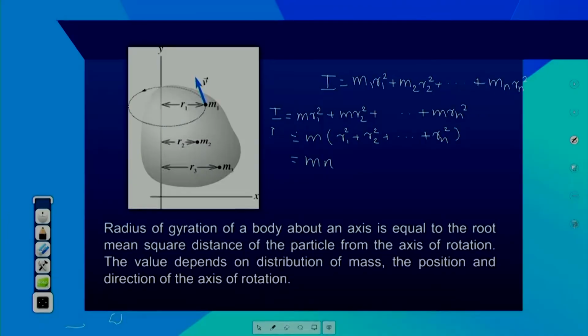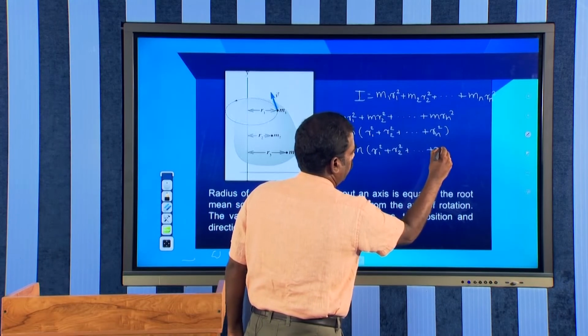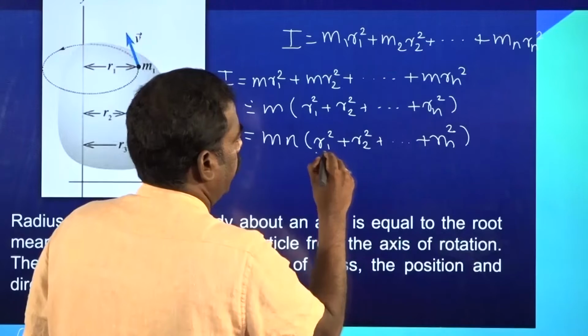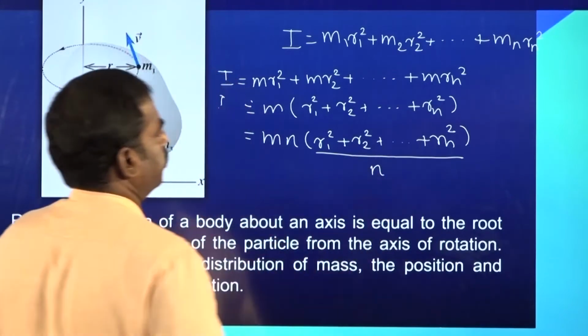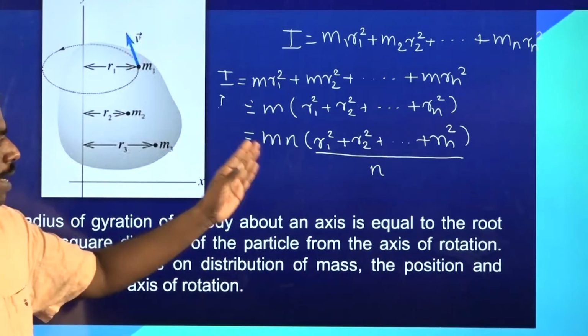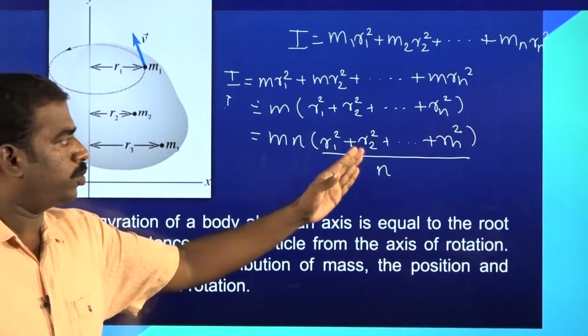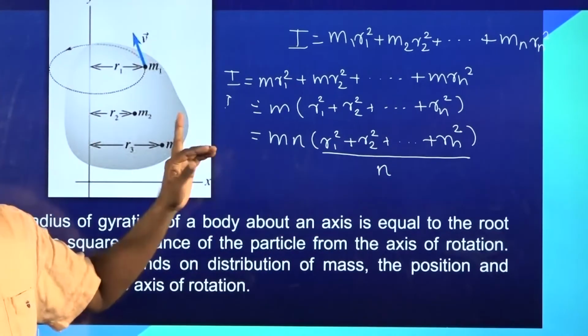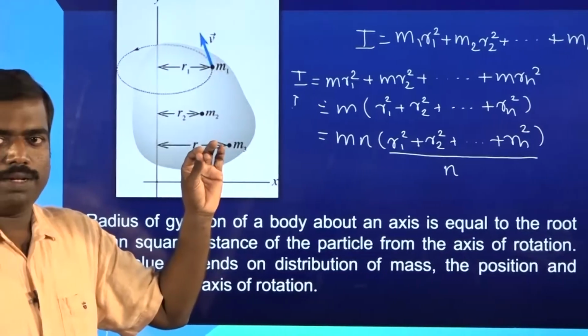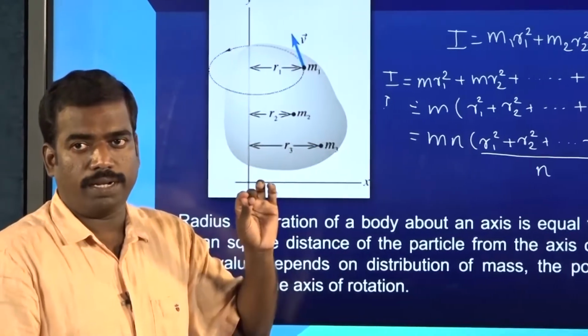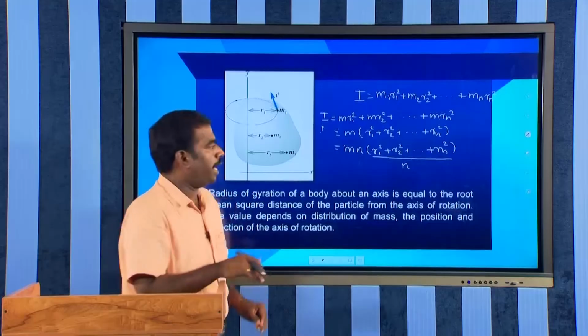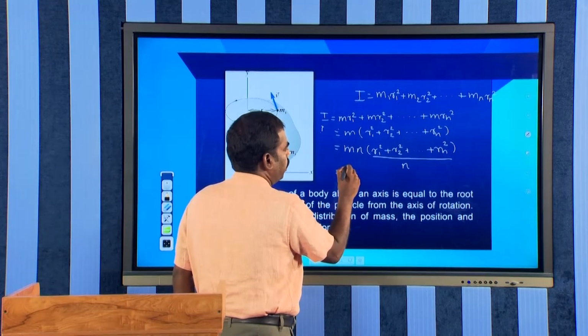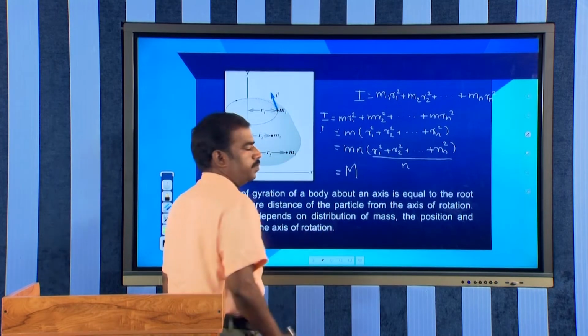So, it is m n into r1 square plus r2 square plus etc. plus rn square divided by n. So, what is this m n? m is the mass of each particle, n is the total number, so m n will give you the total mass of the rigid body, capital M.